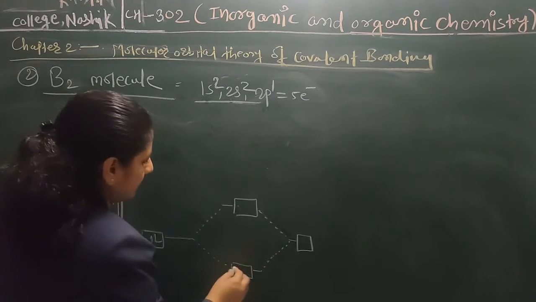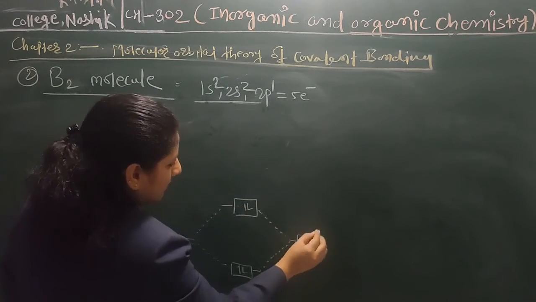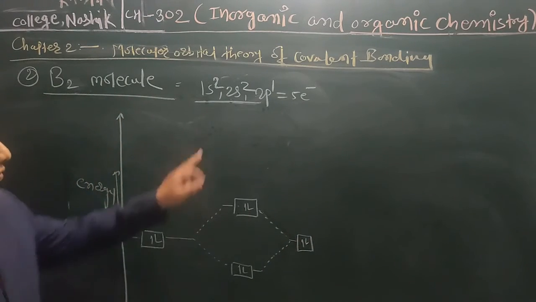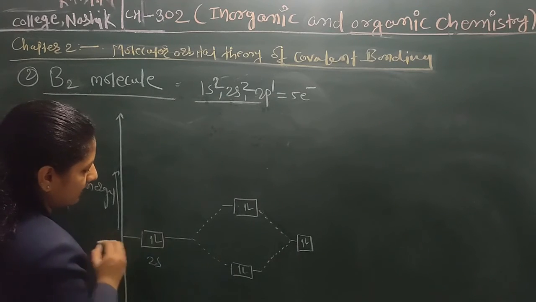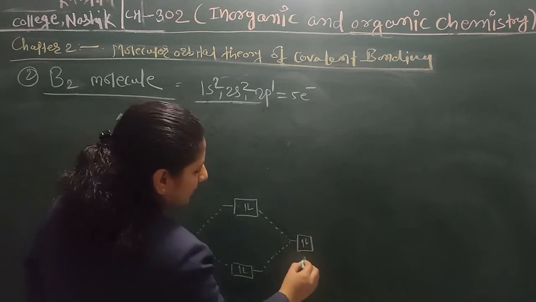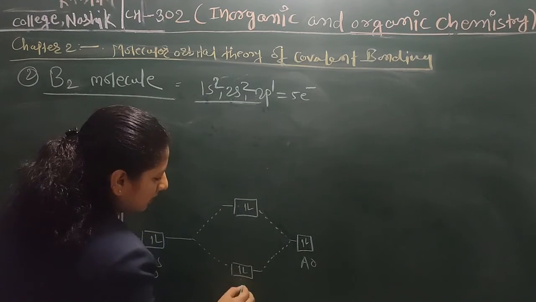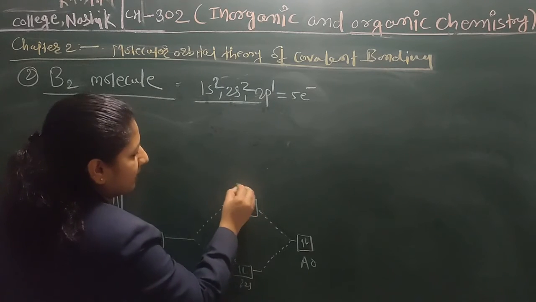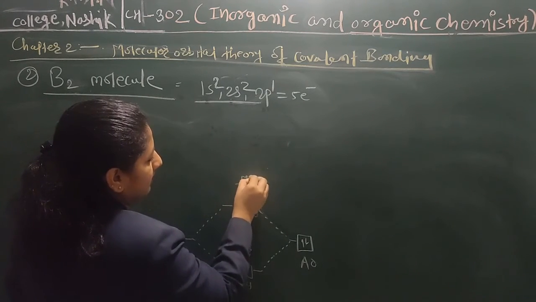So here that is 2s2, because in 2s2 there will be 2 electrons for 2s, that is the atomic orbital of one boron, and this is another 2s. So here sigma 2s, that is sigma 2s star antibonding molecular orbital.